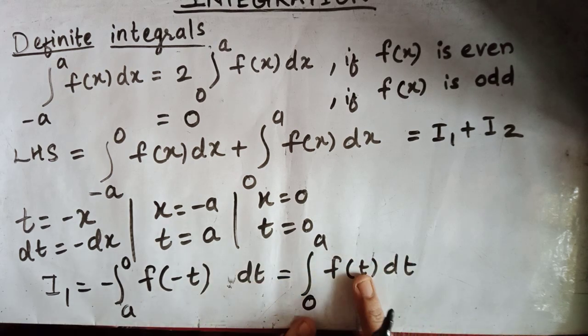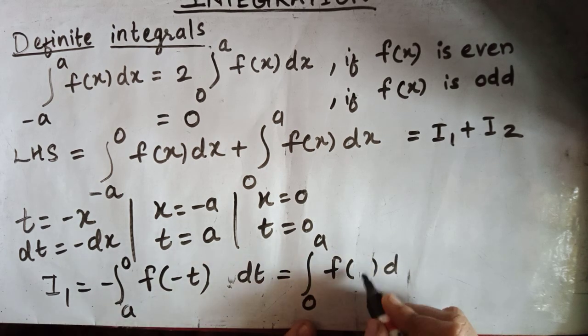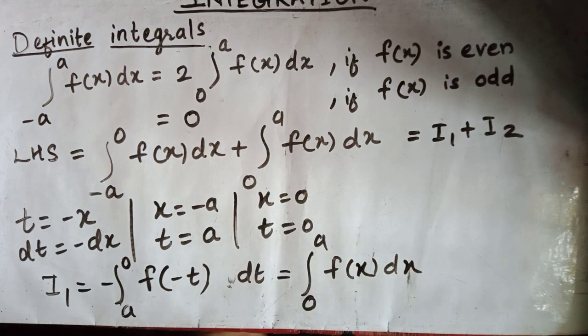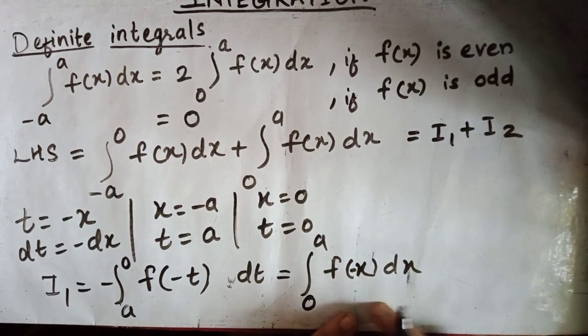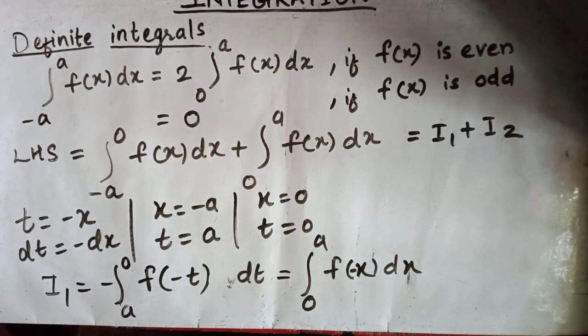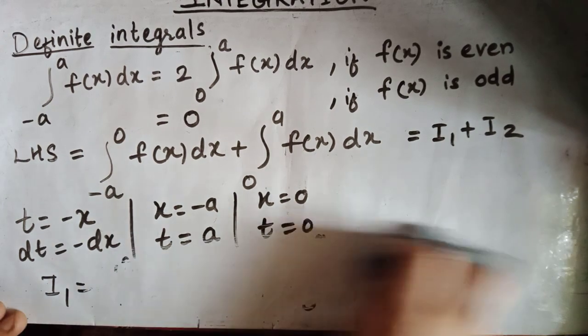Now changing the variables t and dt to x, using again the property, I will get this. Here minus x, because it is minus t, right? So now this comes in I1. In place of I1 you can write this. Okay, so I will write it here only. Change that.